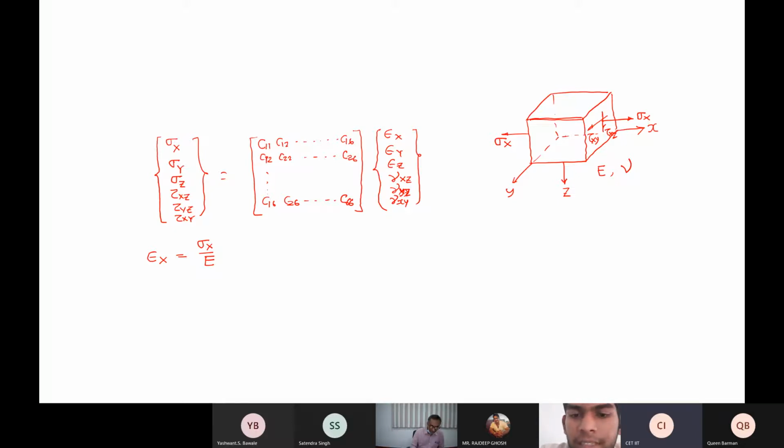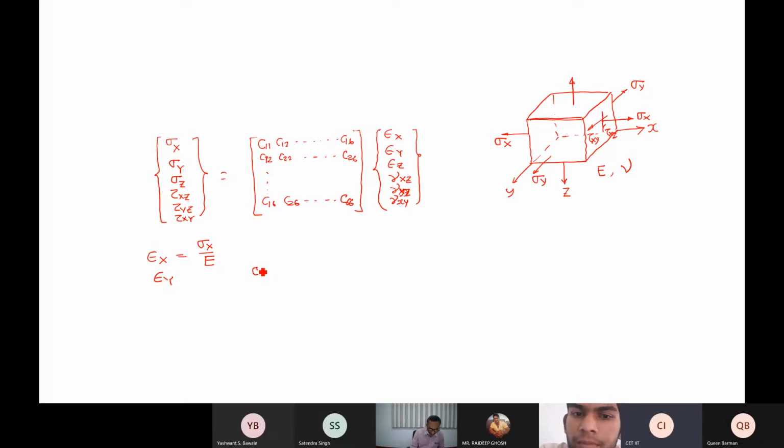Now suppose we also subject this to sigma Y. Because of this sigma Y, what will be the strain along Y?